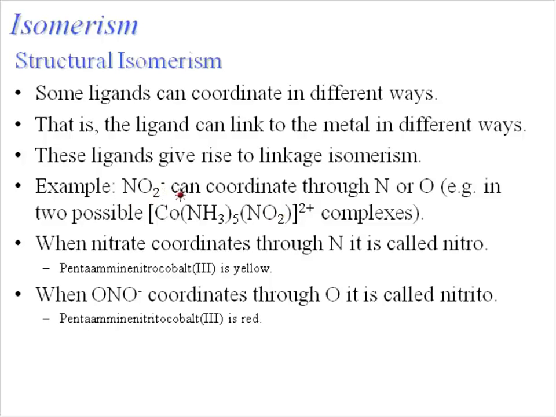If it links to cobalt via nitrogen, then it's called nitro. Via nitrogen, nitro. But when it links via oxygen to cobalt, then it's called nitrito. And they look different in color.